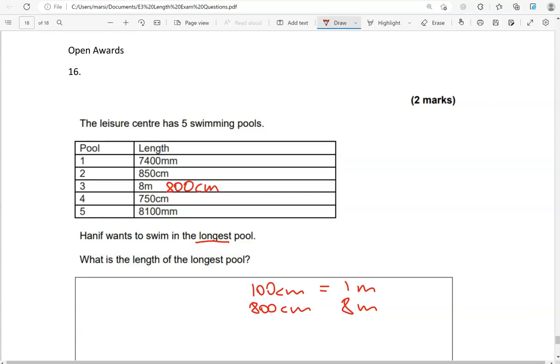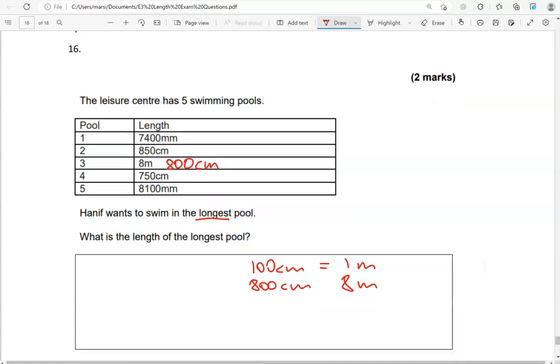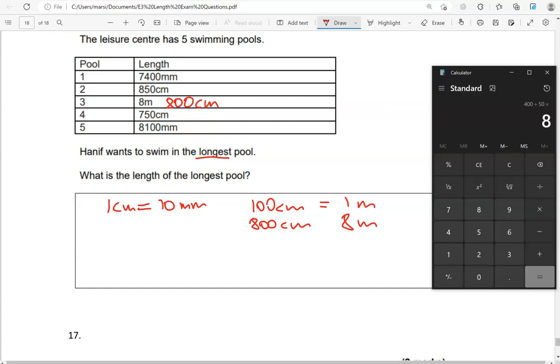Then we have 7,400 millimeters. We said that in 1 centimeter there are 10 millimeters, so 7,400, if we divide it by 10, gives us the number of centimeters.